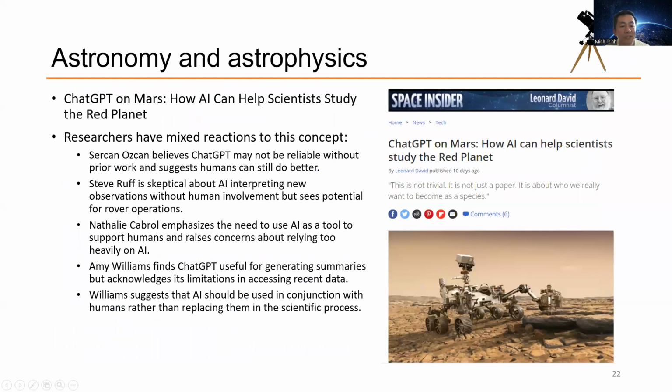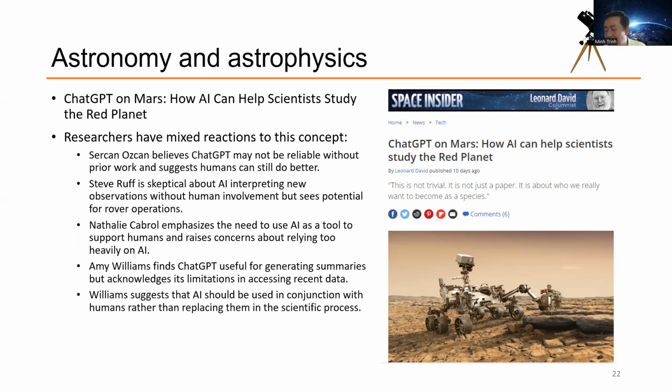Astronomy and astrophysics. Here we don't talk too much in that field, because there's not much language with alien species and so on. But a scenario that people could imagine is, for instance, the rover on Mars. The rover goes to explore Mars, and then it can send written reports on its observations.